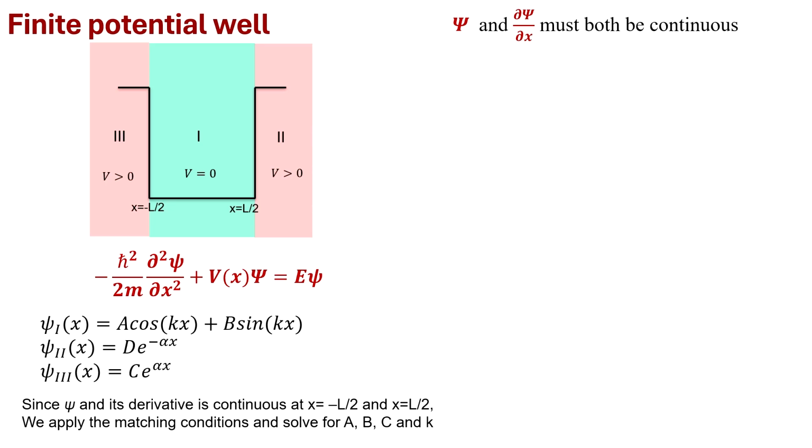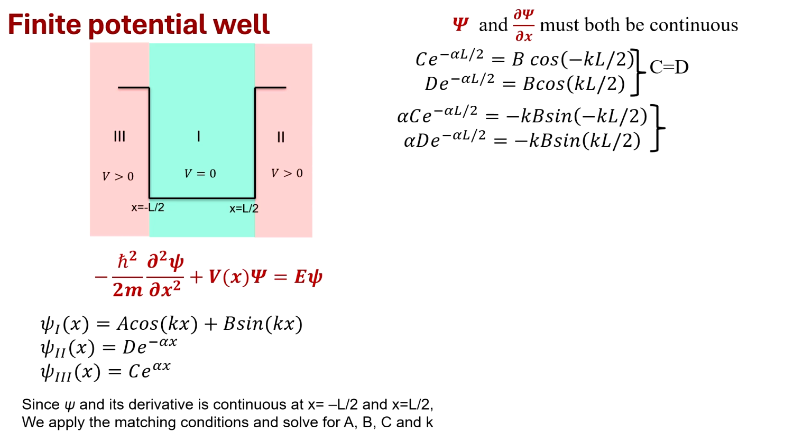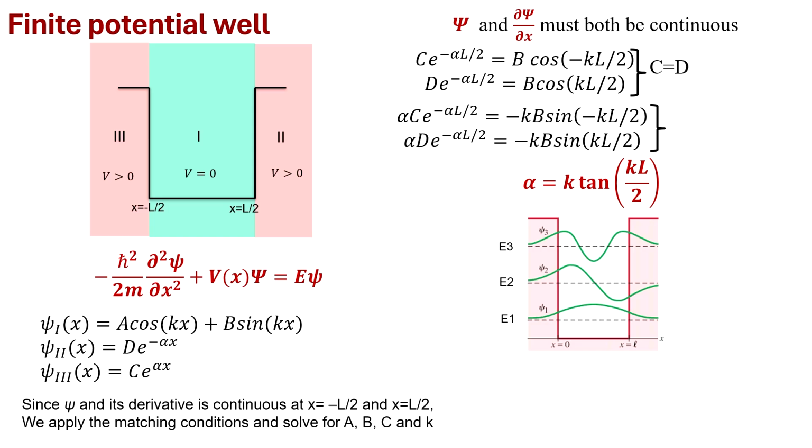So psi and d psi by dx must both be continuous, and when you apply the appropriate boundary conditions, take the derivatives and solve them, we find the value of alpha as k tan KL divided by 2. If we plot these wave functions now, we see that the wave function does travel outside the box. It is no longer 0 here, we see that it has a finite probability.